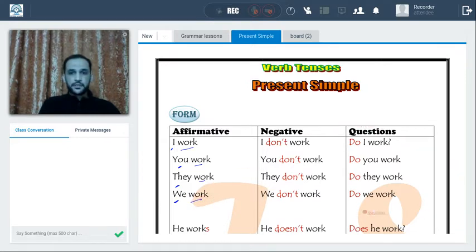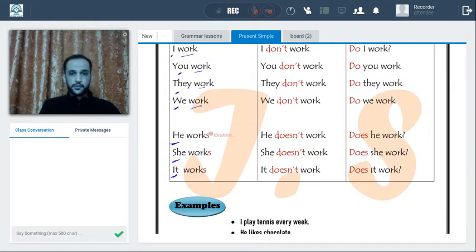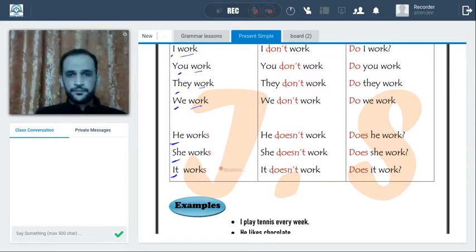And when the subject is he, she, and it, I add s to the verb, as you can see in these examples. We have he works, she works, it works.